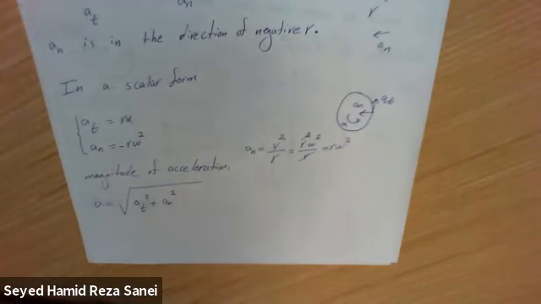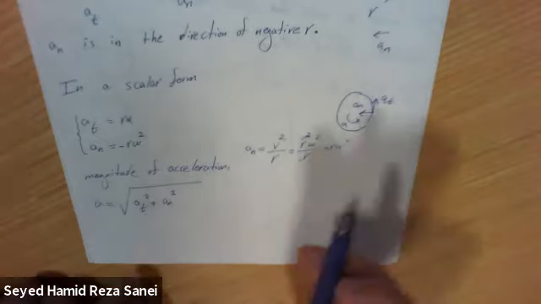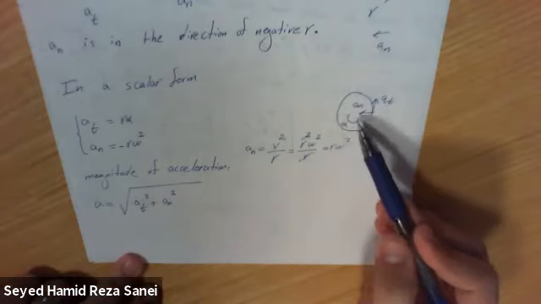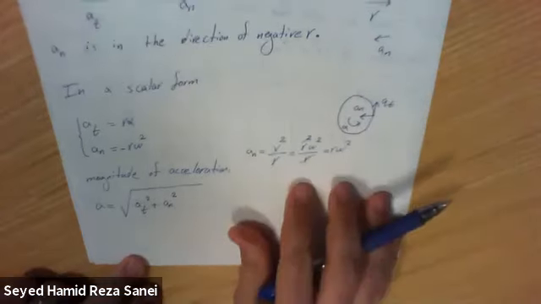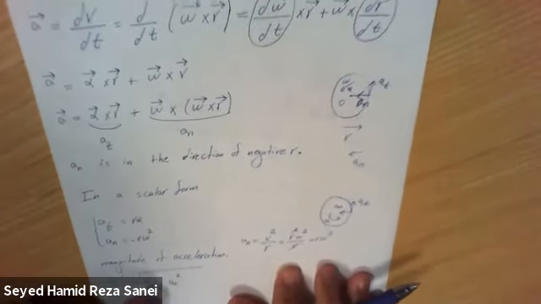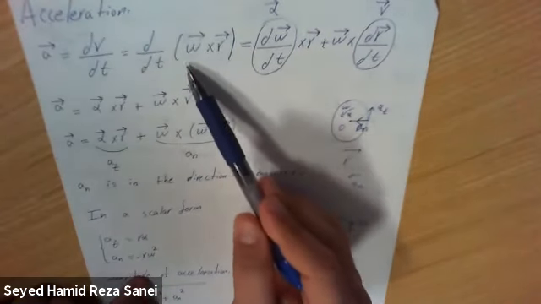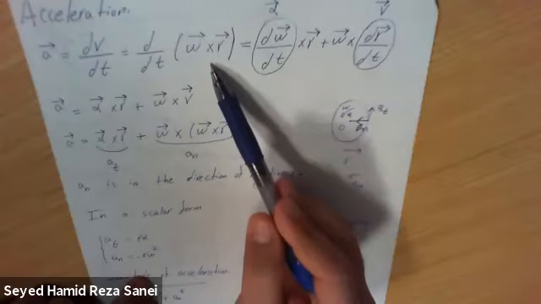You need to remember that in rotation of a rigid body, you have two components of acceleration, AT and AN, and one component of angular acceleration. For velocity, it's only one component: just r omega, or omega cross r in vector form.